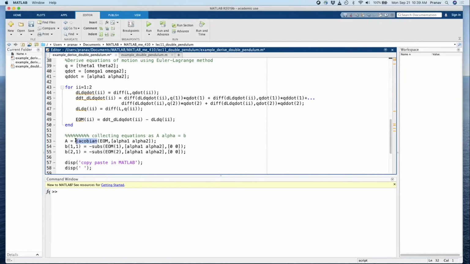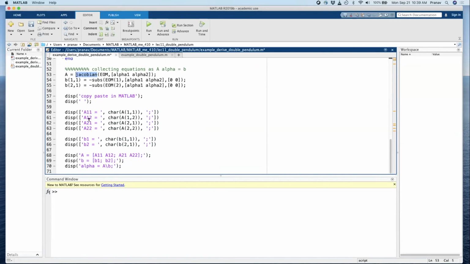Again, I've used Jacobian, so bear with me. I'll show you what Jacobian does in a later class. But that's again an efficient way of finding the A matrix, which I wrote down in my notes. So let's just run this. Here I'm going to print out the A's, B's, and then pack them as an A matrix and B matrix. So let's run this.